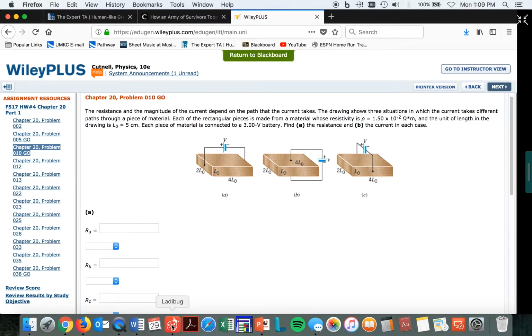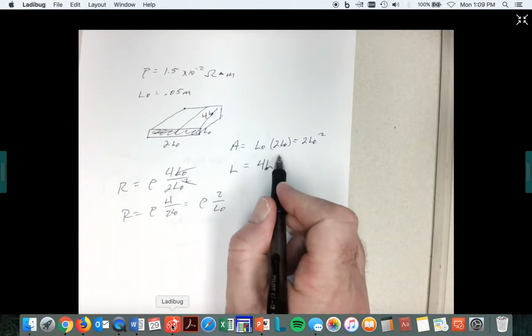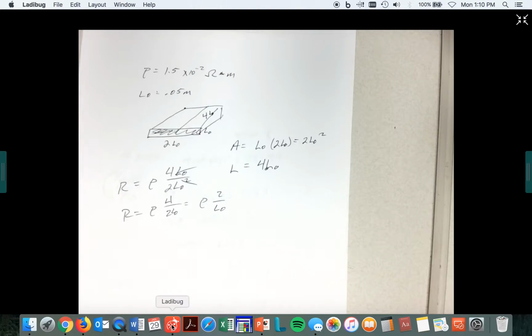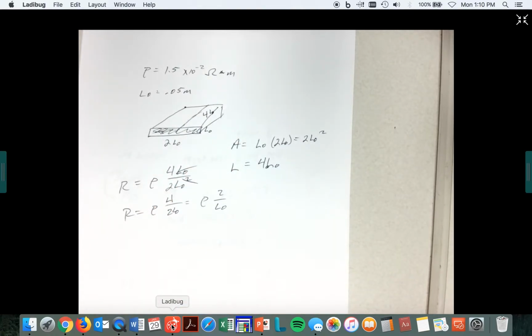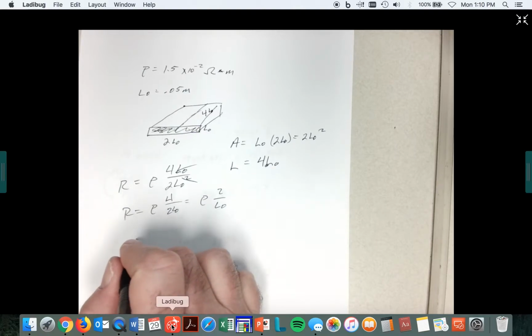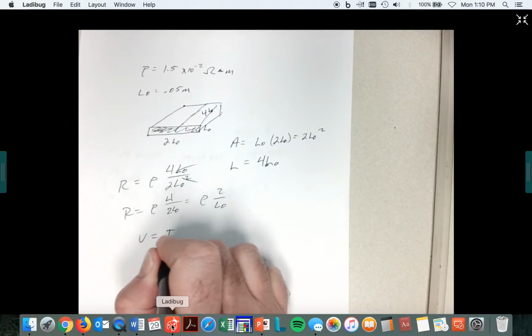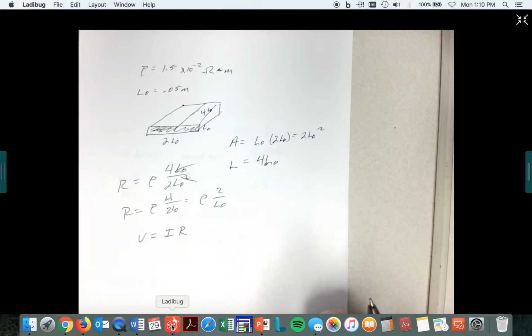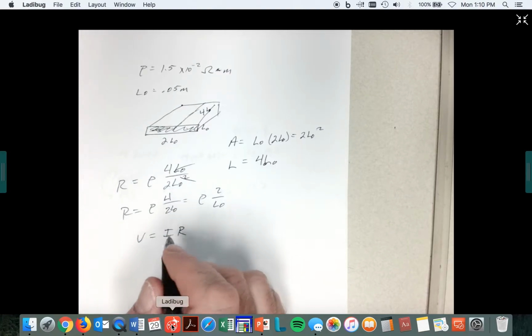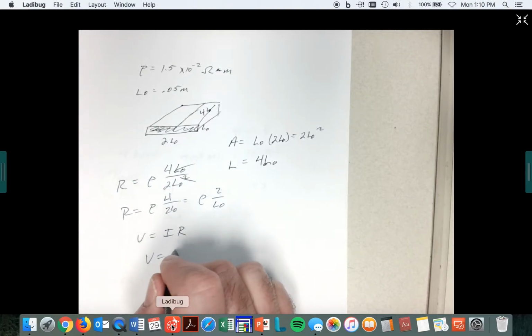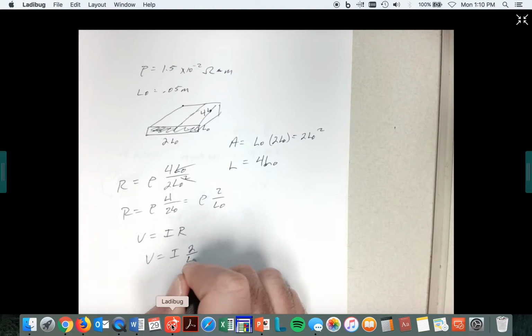Oh, sorry, I didn't show you what the area is equal to. L is equal to 4L naught. Here's the cross-sectional area, and here's how deep it went. This is when you would have barked out in class and said, hey, dummy. So there's my resistance. Now V equals IR. You could calculate that, or you could just set it up for this scenario only. Then V is equal to I times rho times 2 over L naught.